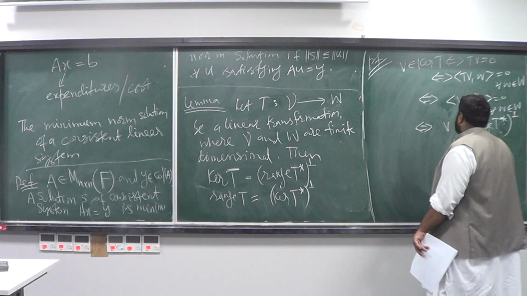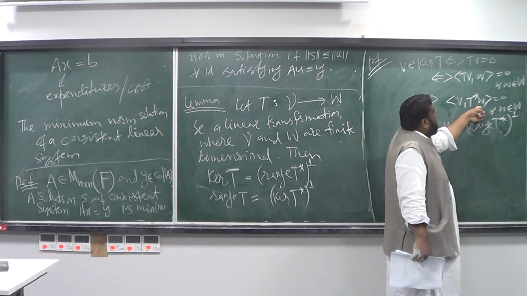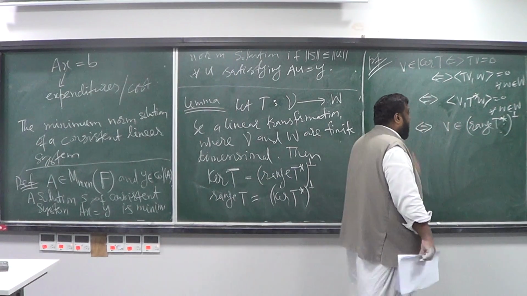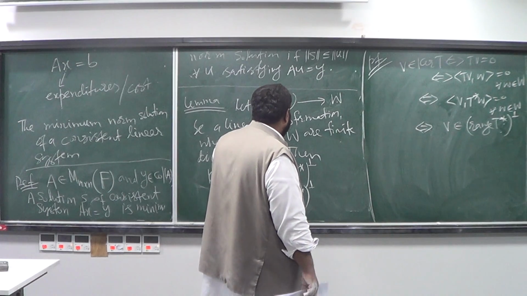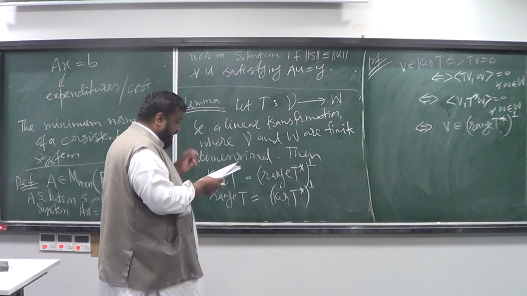This is precisely what it means: take an element from the range of T star, which would look like this, and V is orthogonal to it. So what does this show? This shows that the kernel of T is contained in the perp of the range of T star.